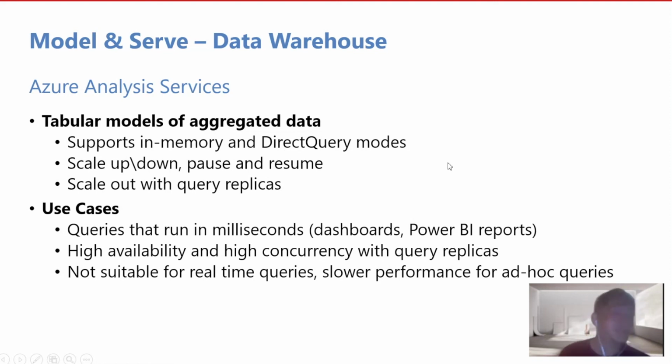But if you are just going to query like this particular user did what at this time on this day for that one single transaction, then it is not going to be fast. It's not that kind of purpose for it as well. Okay, so hope that this makes sense to you on when to use Azure Analysis Services.